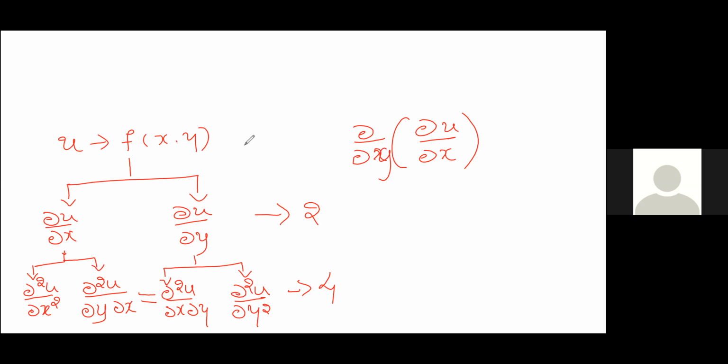Almost all the problems they give will satisfy this condition. That's why you can consider either dou square u by dou y dou x or dou square u by dou x dou y. Is it clear? Yes, sir. Okay. So now based on these partial derivatives, questions will come based on Euler's theorem.